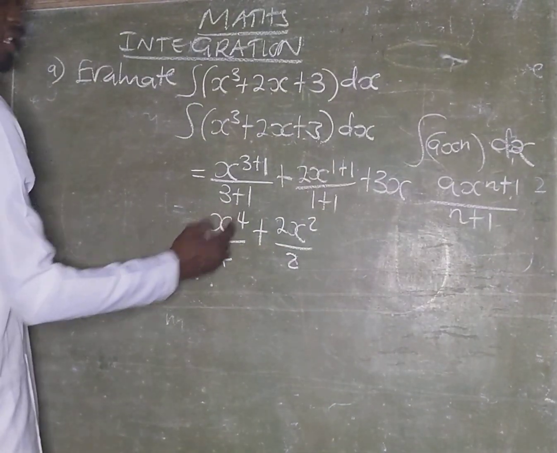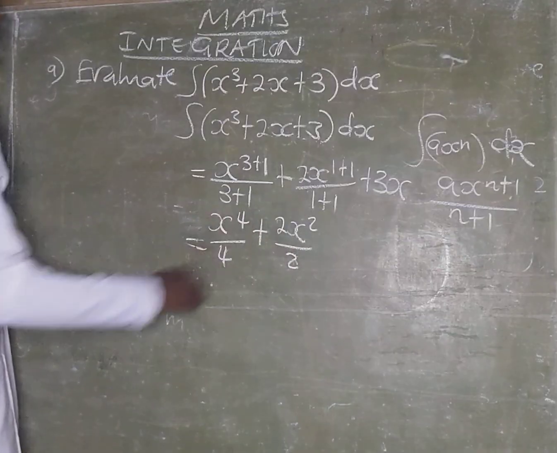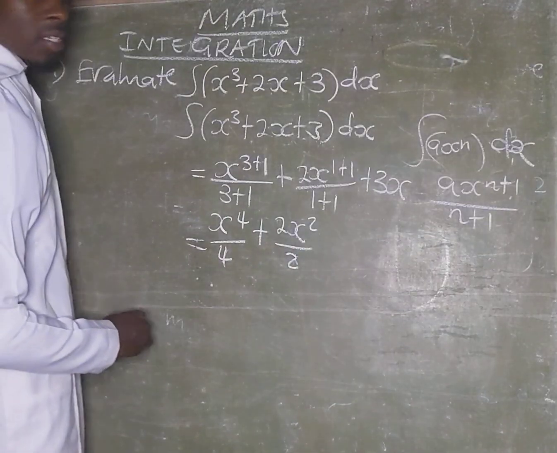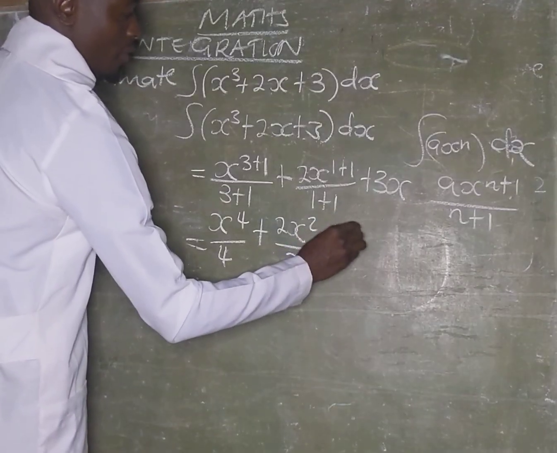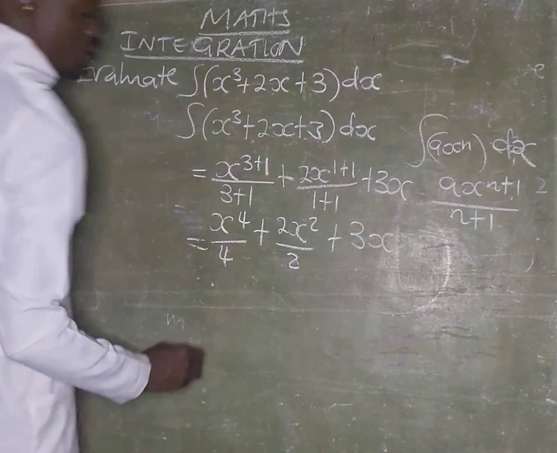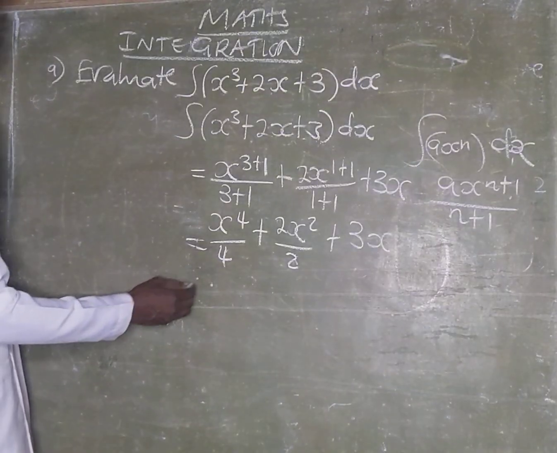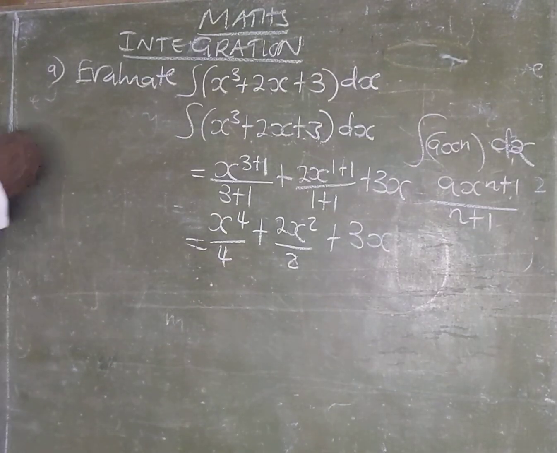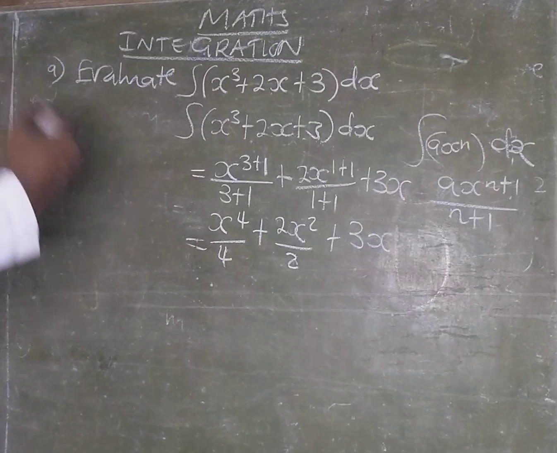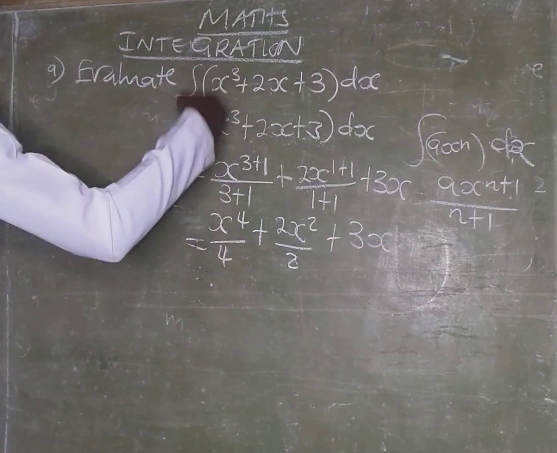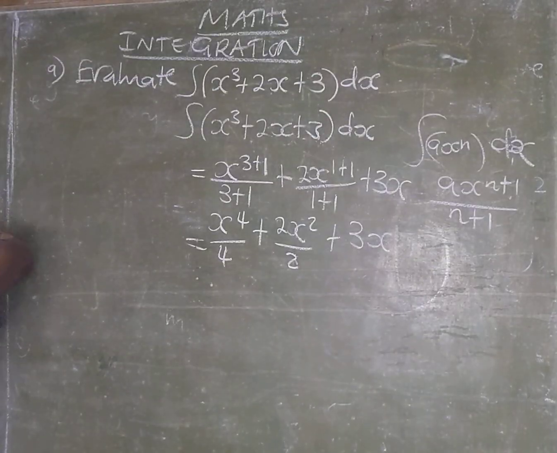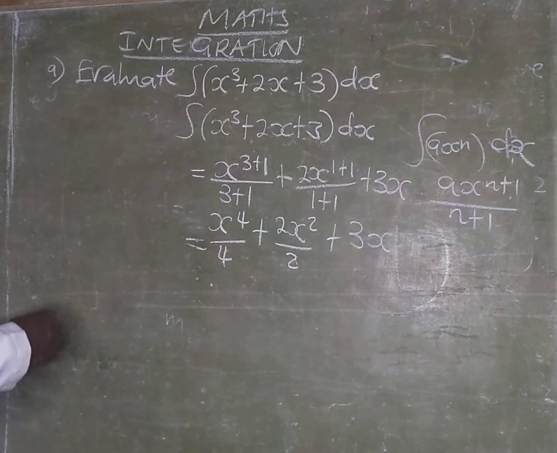These are the same powers that we have brought down as the denominators. Then plus 3x. Whenever necessary, reduce by dividing denominators into numerators.